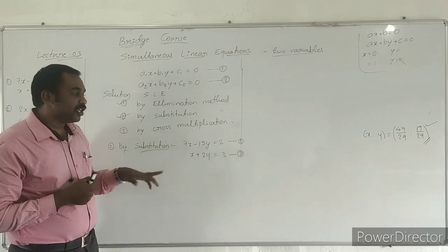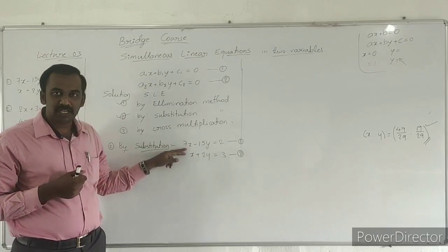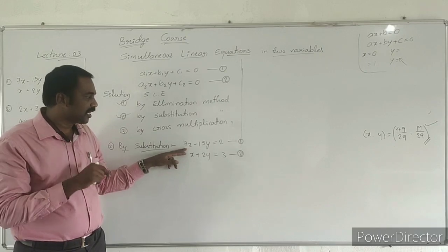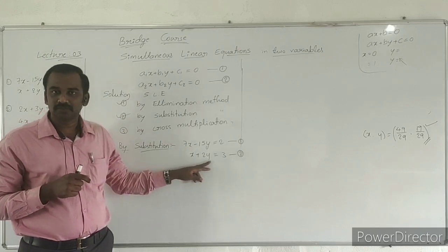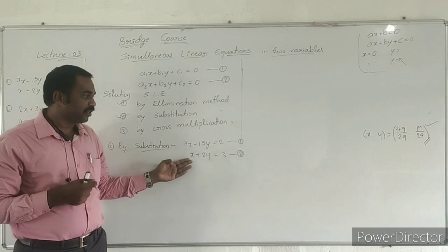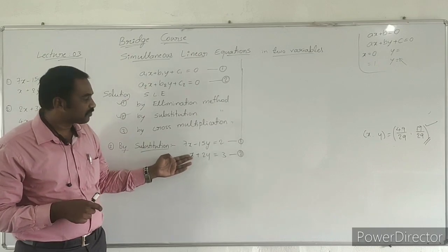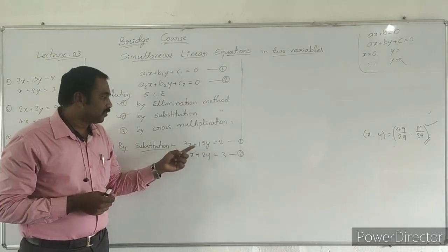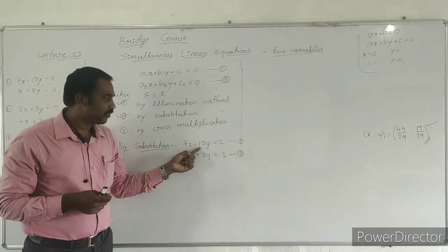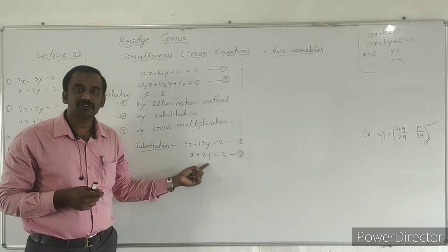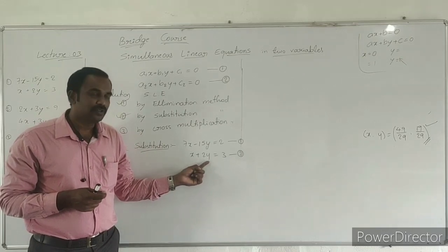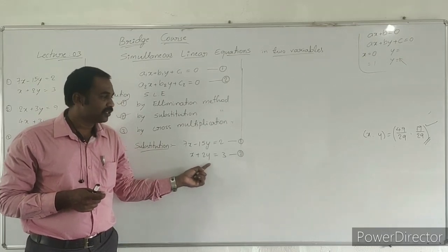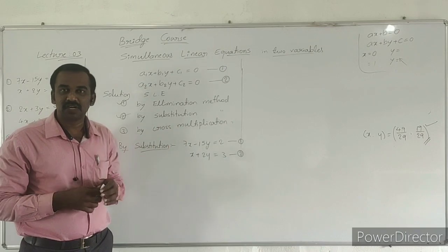For example, if you take an x value from equation number 1, substitute that in equation number 2. If you get the x value from equation number 2, substitute that in equation number 1. Similarly, if you convert the y value from equation number 1, substitute that into equation number 2, or if you convert the y value from equation number 2, substitute into equation number 1.